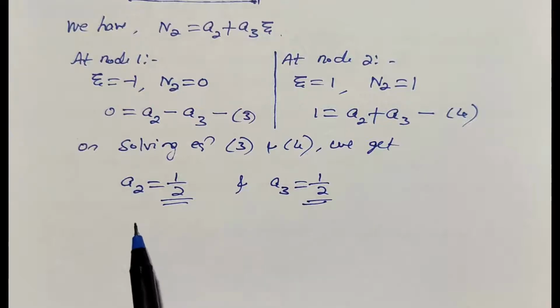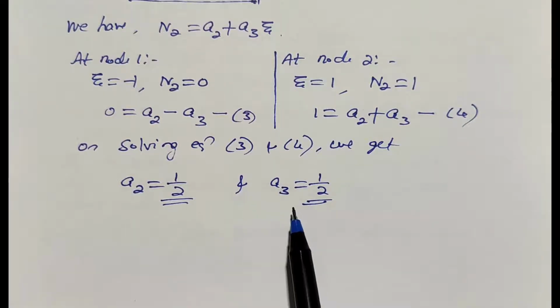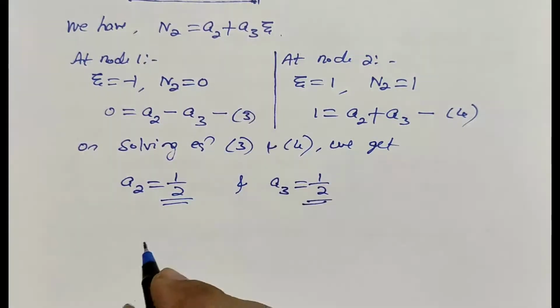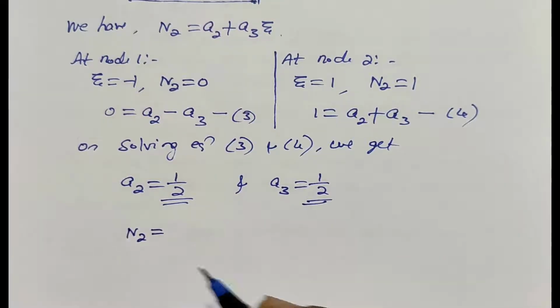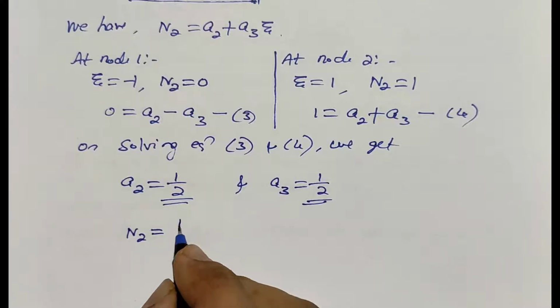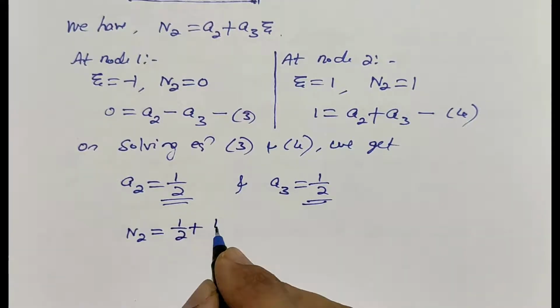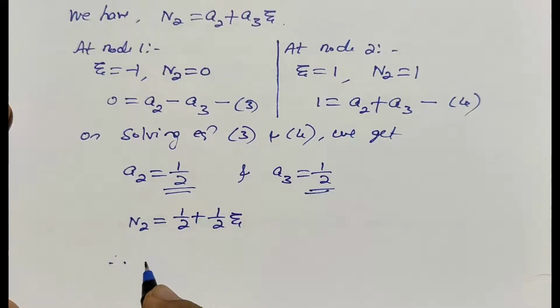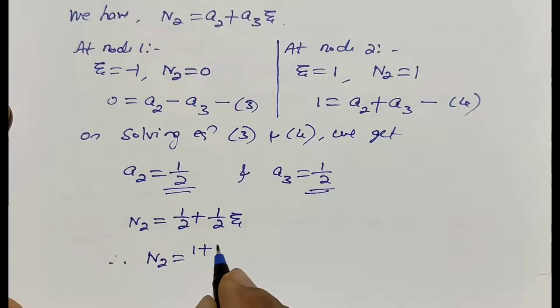Now we will substitute A2 and A3 in this equation so that we will get N2 is equal to half plus half zeta. Therefore, N2 is 1 plus zeta by 2.